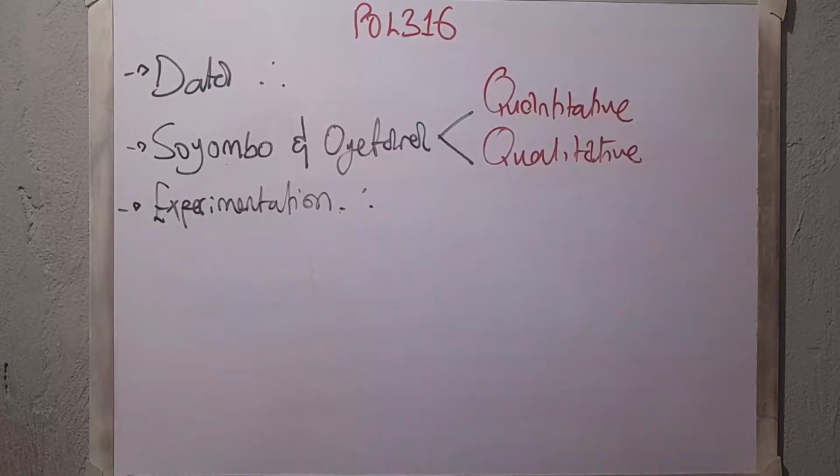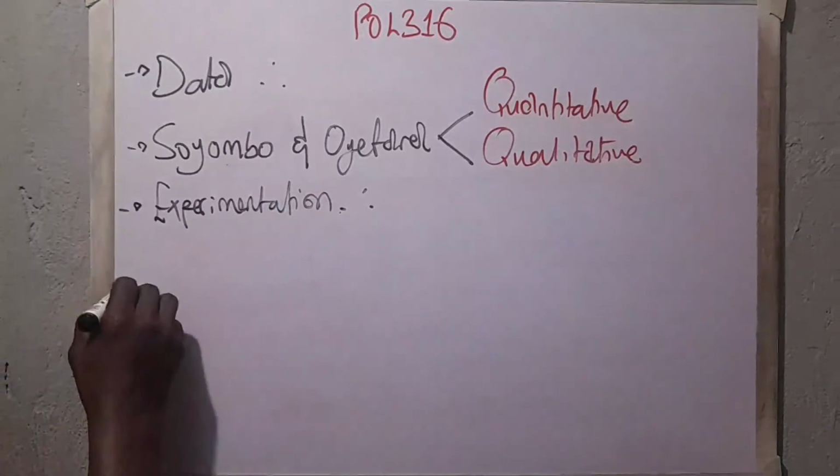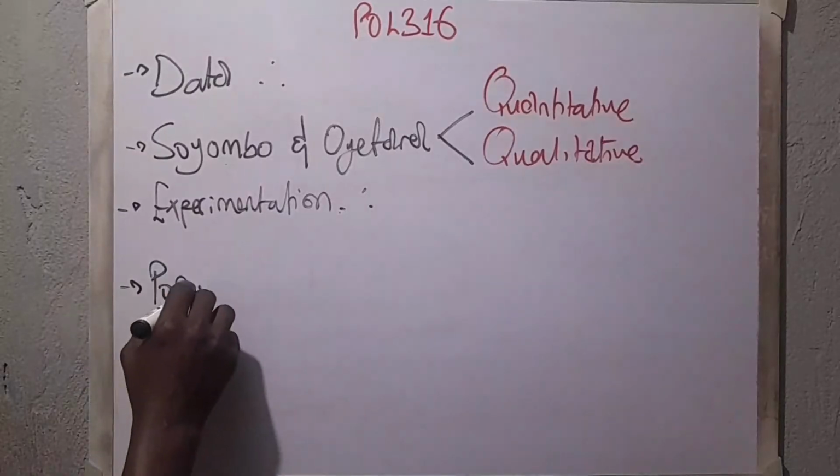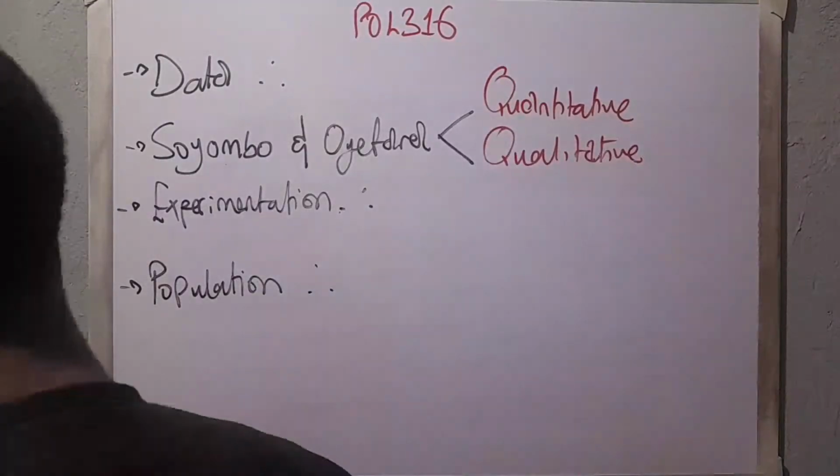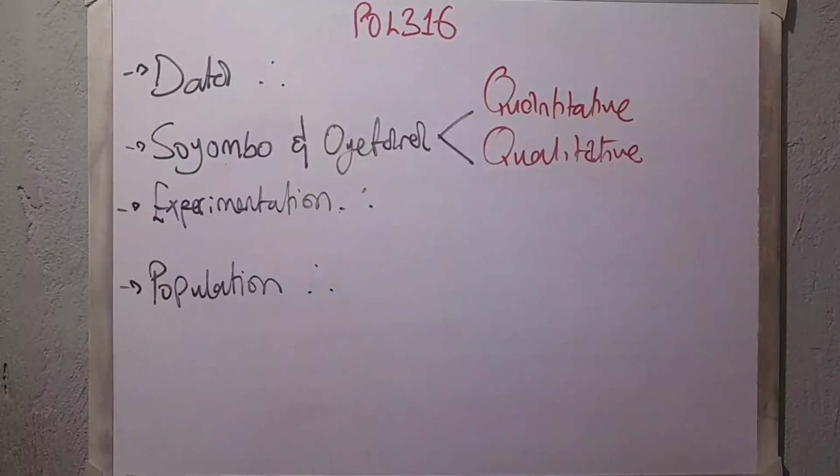Now, it says here, population and sample. Population. When we talk about population, there's no way you want to carry out a research without population.